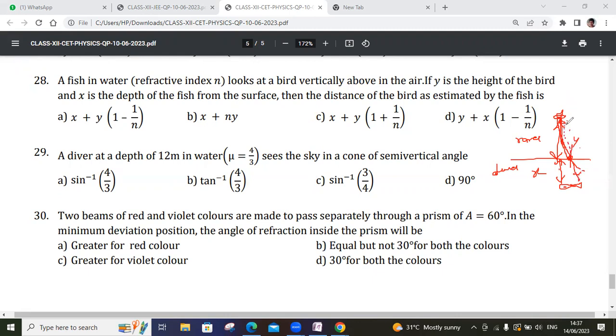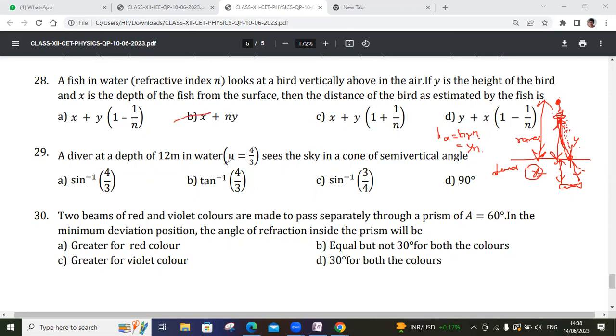If the fish extends this back, the image of the bird will be a little above. So the height of the bird as estimated by the fish will be x plus this height, which is the apparent height. And we know the apparent height here is more than the real height, so it is hr into n, which is y into n. So the distance will be x plus ny.